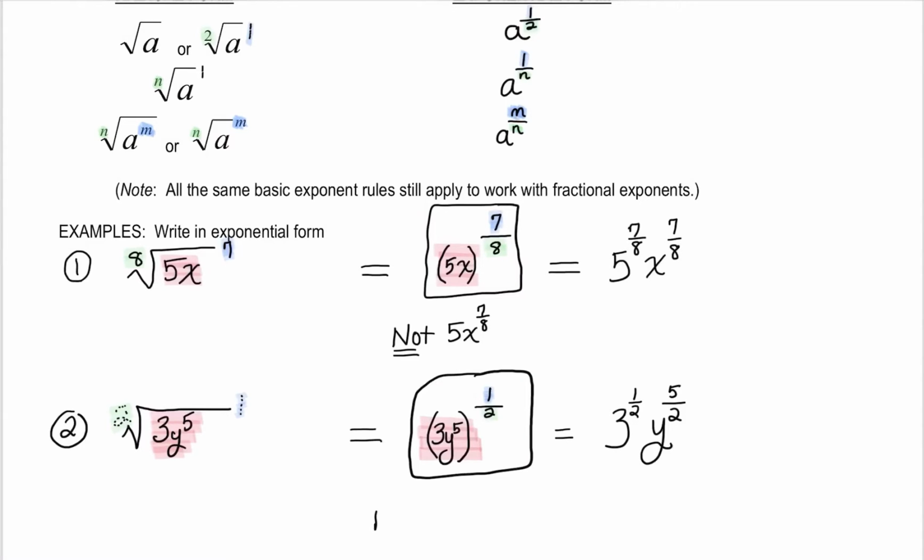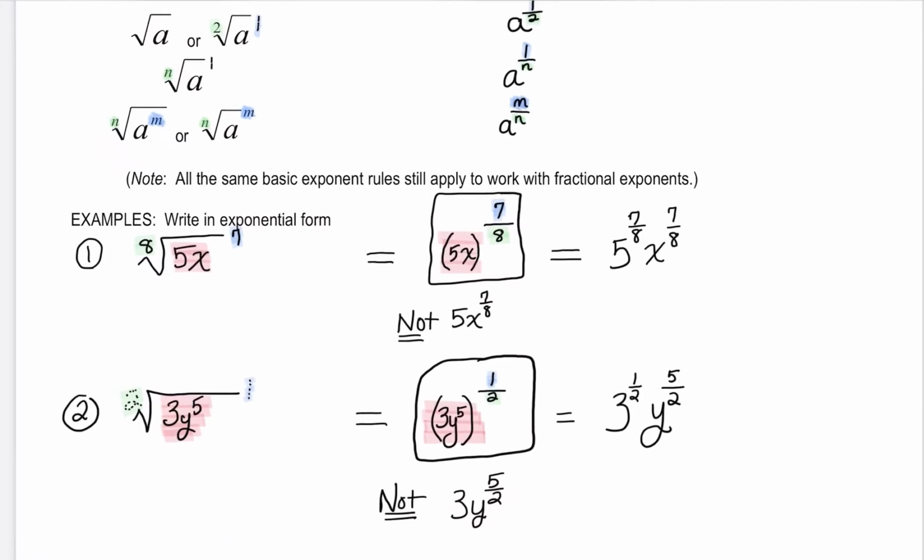What it is not, and what we'd have to be careful about here, is 3y to the 5/2 power. That makes it seem like only the y is being raised to the 5/2, like only the y is under the radical and the 3 wasn't.